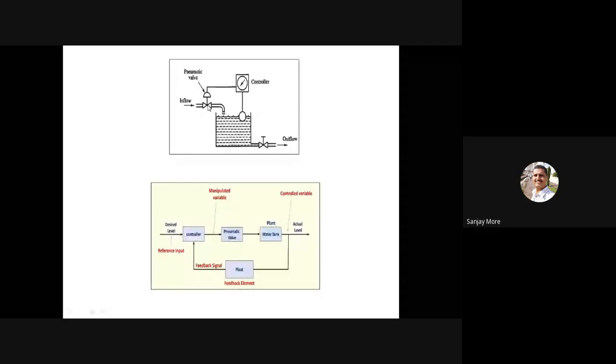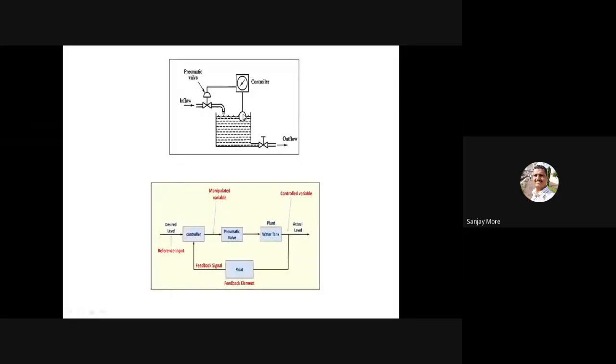It means the water level has reached the highest level. This ball moves in the upward direction. The controller gives the direction to the pneumatic valve to shut off or stop this inflow. Okay.